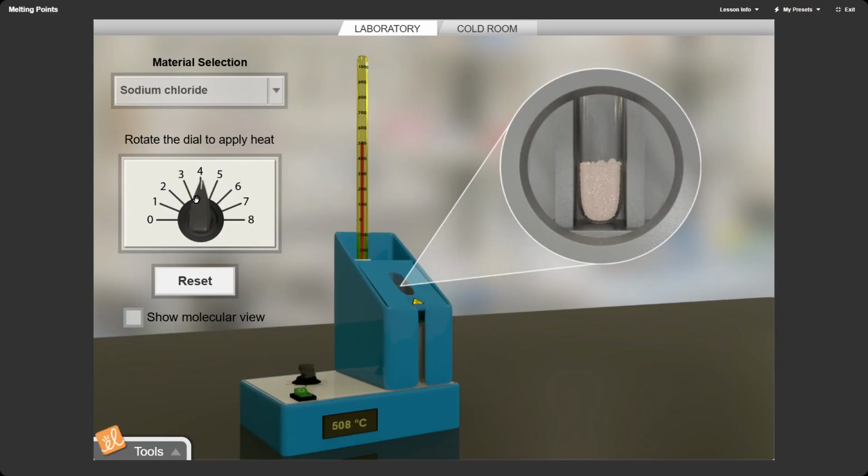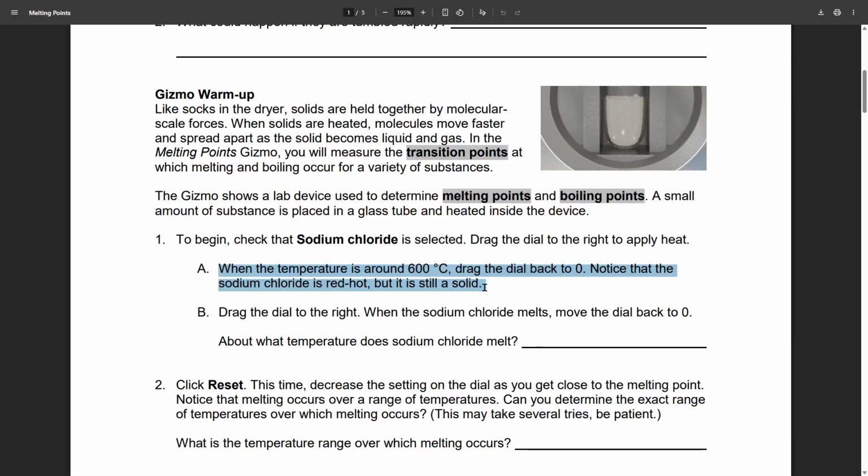You can click and grab the dial, which is on the left side, and then you're trying to get it to around 600. Alright, notice it's starting to turn red hot, but that is still a solid.